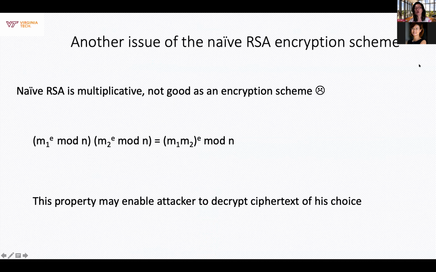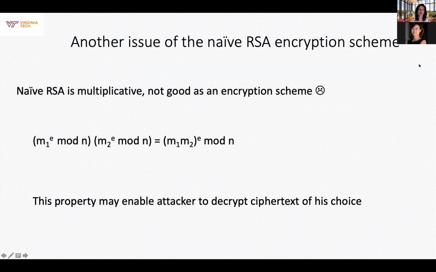Another problem of the naive RSA is that the messages may collide, and in general this is not good because the attacker may be able to guess certain values and see some correlations between ciphertext and the messages.